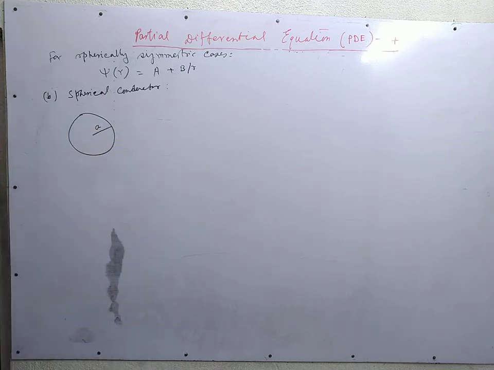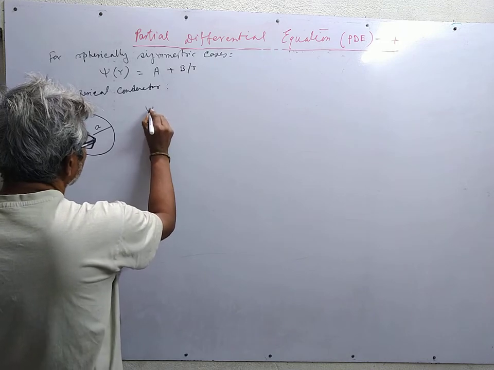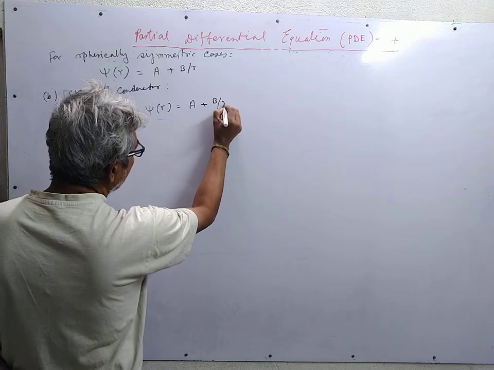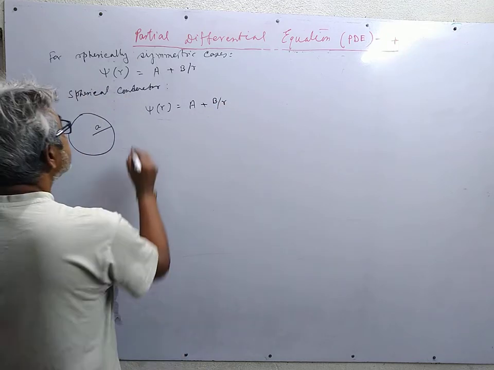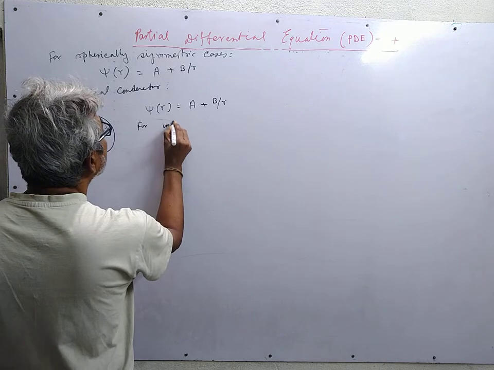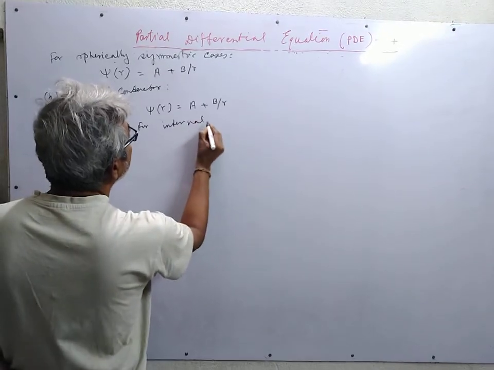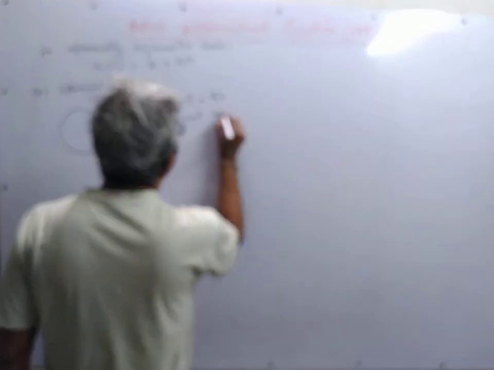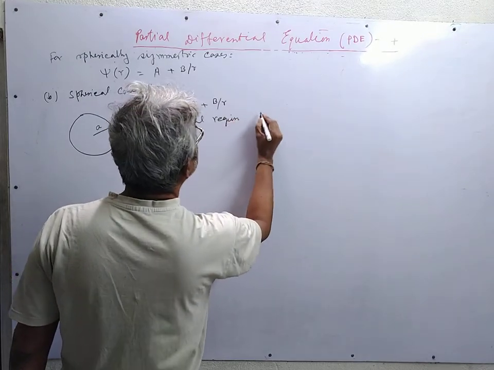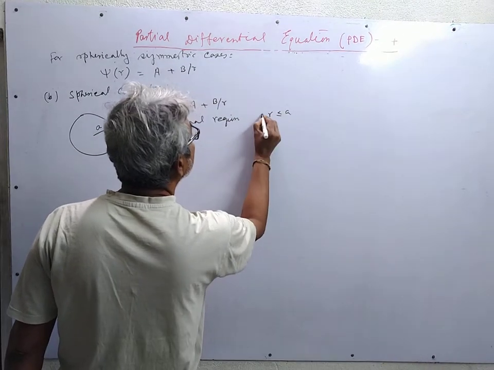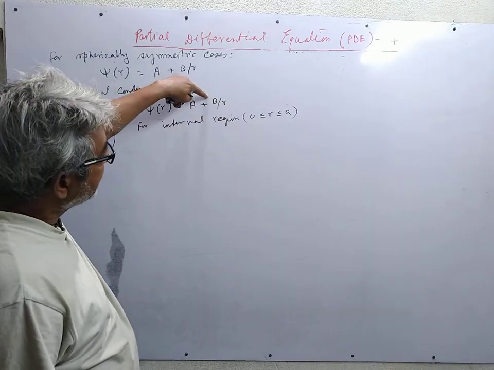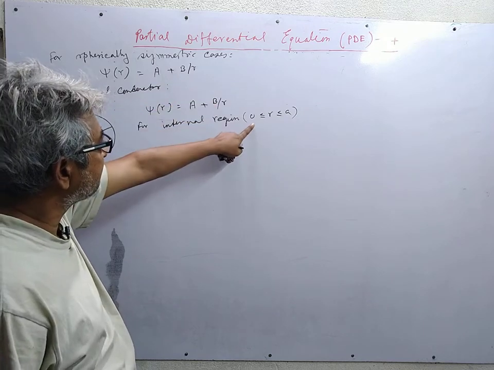So the general solution is phi of R is equal to A plus B by R. For the internal region, R less than or equal to A, you see that this term B by R has a divergence at R equal to 0.